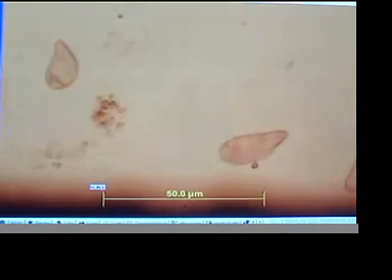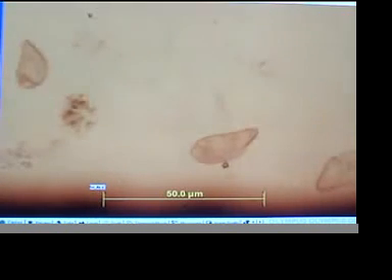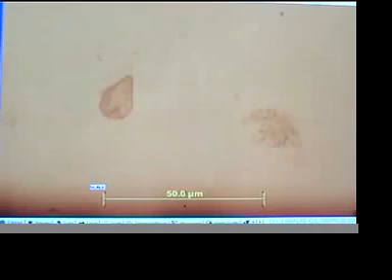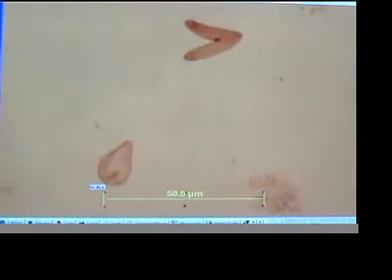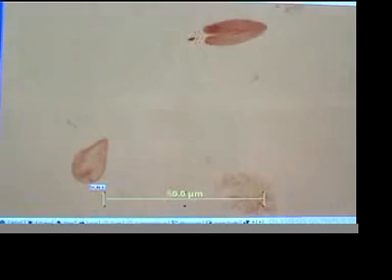7A. Looks blank. 7B. Alright, there he is. 7B. Down here's some guys moving down at the bottom of 7B. 7C. 7D. It's a conjugal pair. 7E.